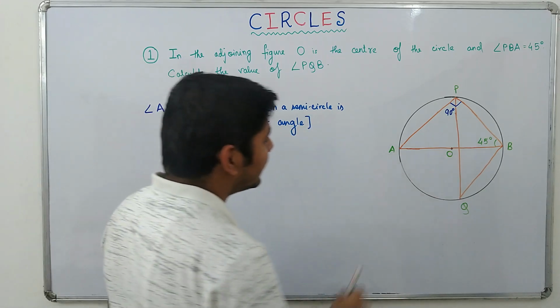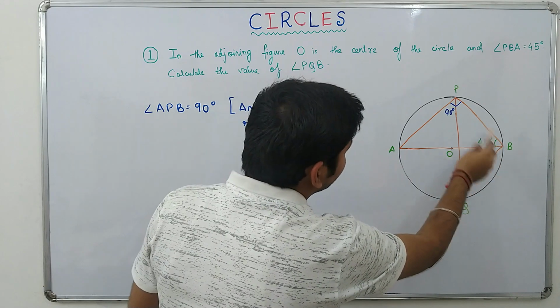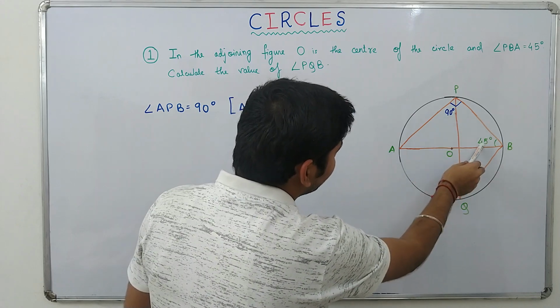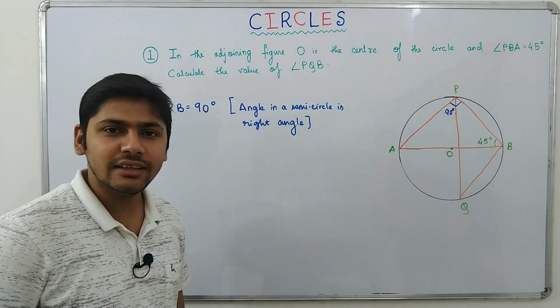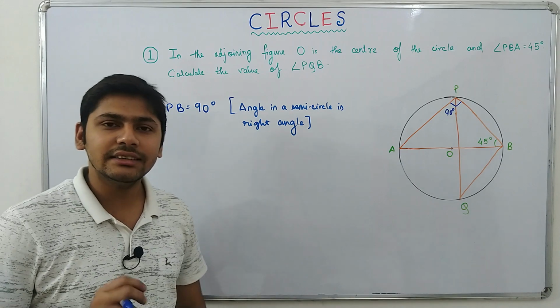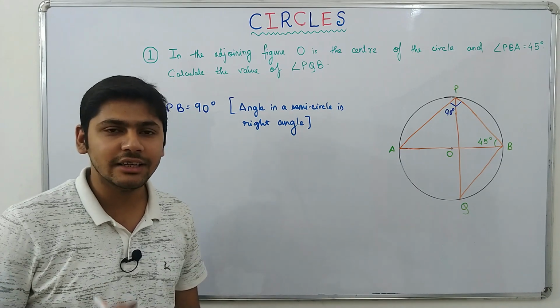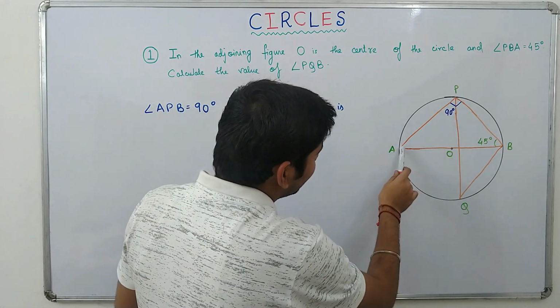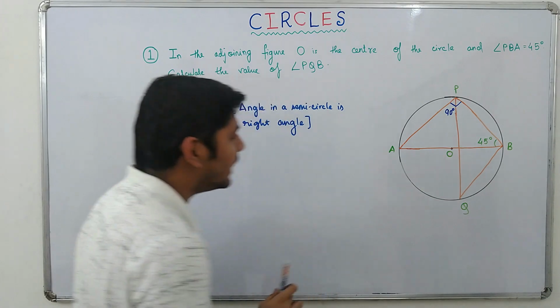Okay. Now in the triangle ABP, we know two angles, 90 degrees and 45 degrees. So we can easily calculate the third angle, as we know that the sum of three angles of a triangle is 180 degrees. So we can easily calculate angle PAB. Let's do that.